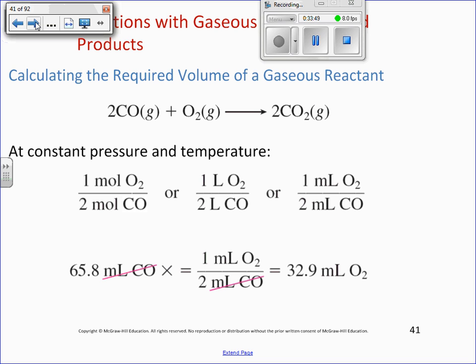Or for every milliliter of oxygen, I need 2 milliliters of carbon monoxide. So if I have 65.8 milliliters of carbon monoxide, I need 32.9 milliliters of oxygen. Just like we do normal conversions.